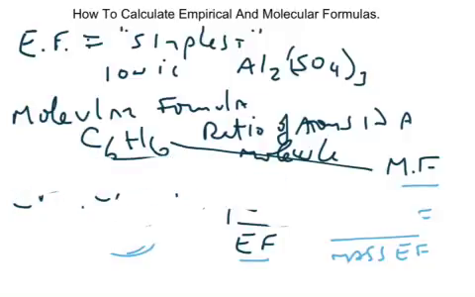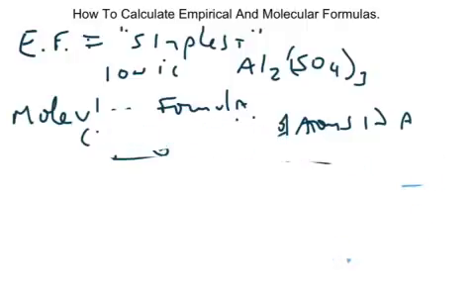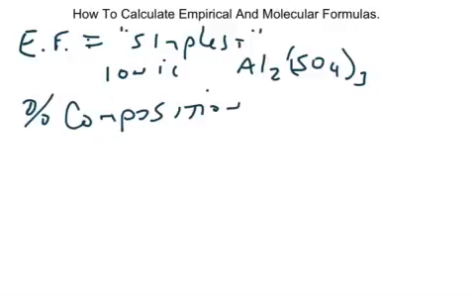Now, to solve for an empirical formula, you're usually given percent composition. So, when you see one of these problems, to find the EF, you start with a percent composition a lot of times, and then you use a little rhyme I had taught you in class.